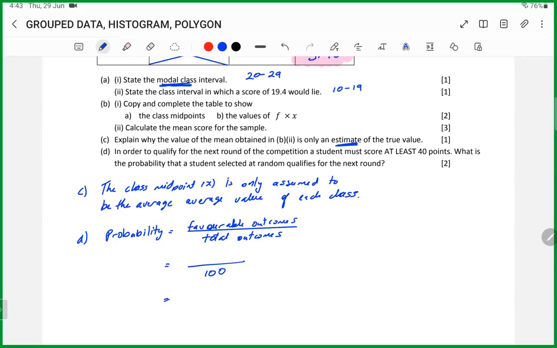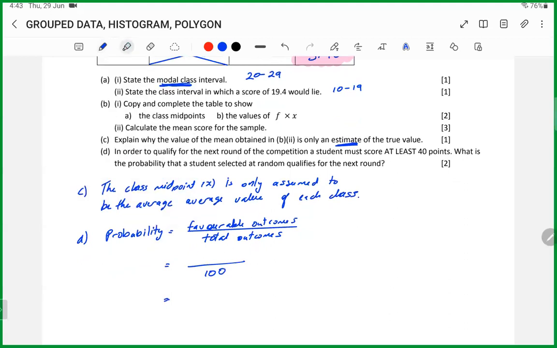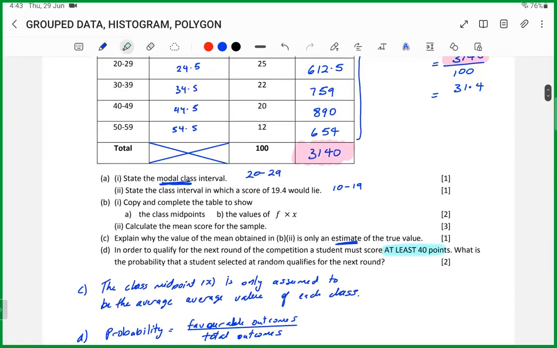Now, favorable outcomes is whatever the question was asking for. So what was the question asking for? The people who scored at least 40 points. At least 40 means 40 and over, okay? So whoever scored at least 40 points would be these people, 40 to 49, 50 to 59. So that would be the 20 plus the 12, the number of favorable outcomes.